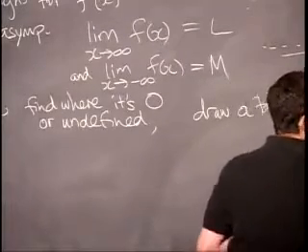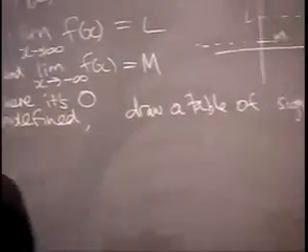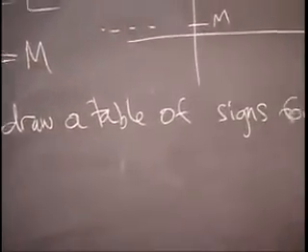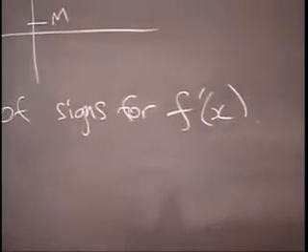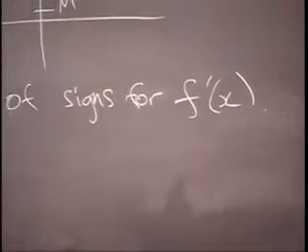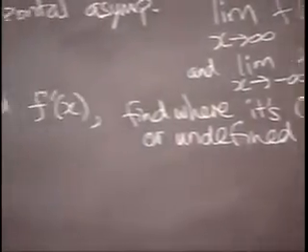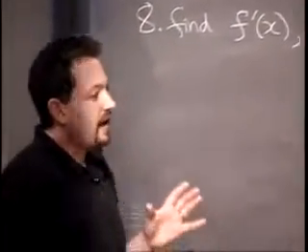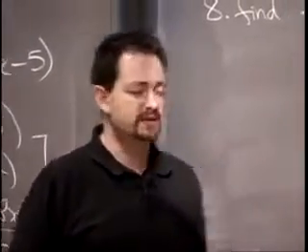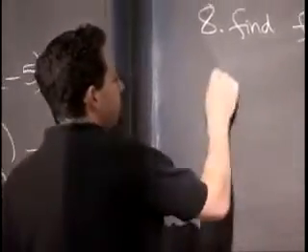For f prime of x. And again, I've told you all about how to draw the table of signs, so I'm not going to belabor that at the moment, although we will look at a whole lot of examples. Draw a table of signs. That, as we've seen, gives you a heck of a lot of information. However, there's one extra step.